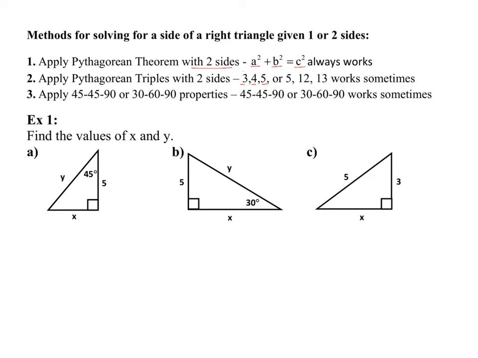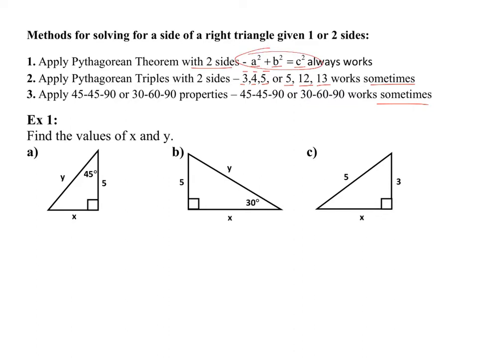If you have a leg of length 3 and the hypotenuse 5, then the other leg would be 4. The same concept applies for a 5, 12, 13 triangle. Then you could apply the 45, 45, 90 and 30, 60, 90 properties. These work sometimes as well, but the Pythagorean theorem always works if you have two sides.